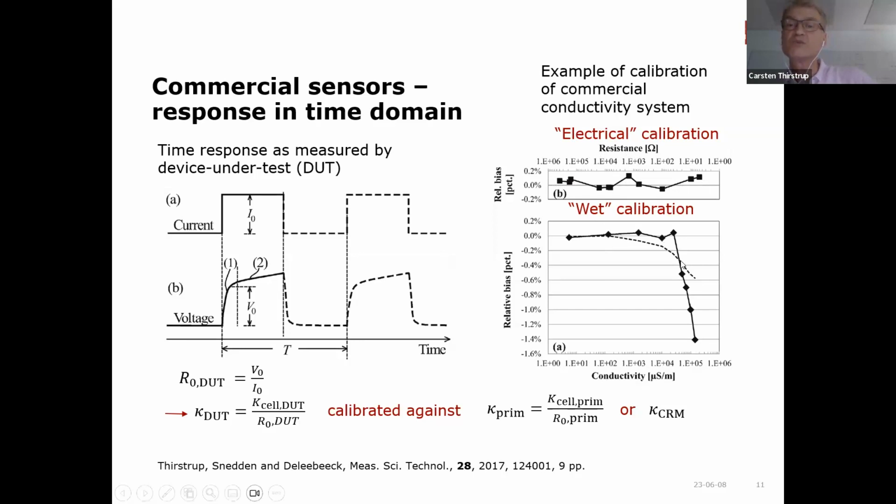But in the wet calibration, we can sometimes see that at higher conductivity levels we have a deviation of more than 1%.